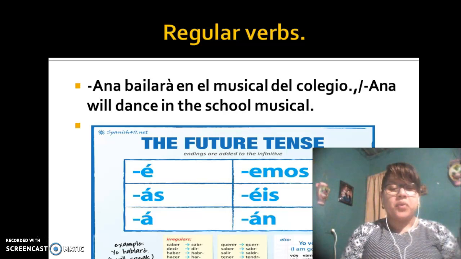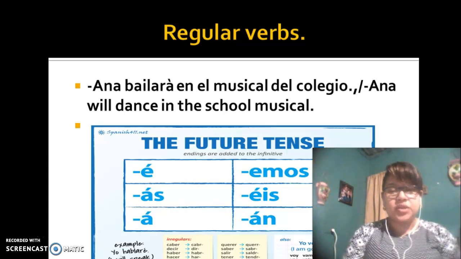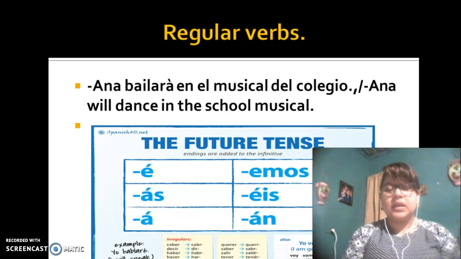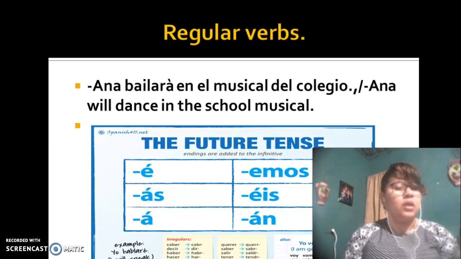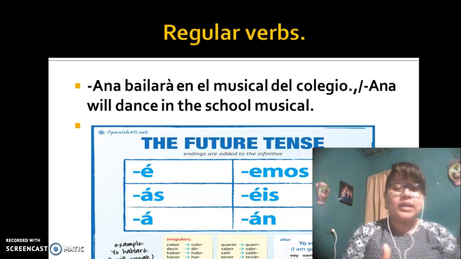In these examples, to apply the conjugation of regular verbs, in the example in Spanish, we don't have any auxiliary like will, and the ending of the verb is á.